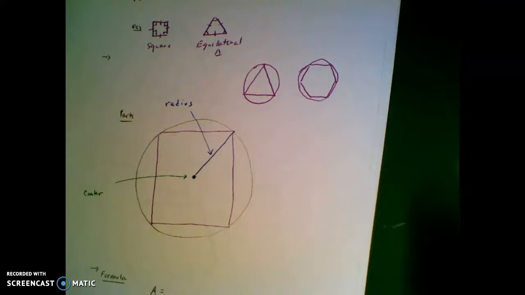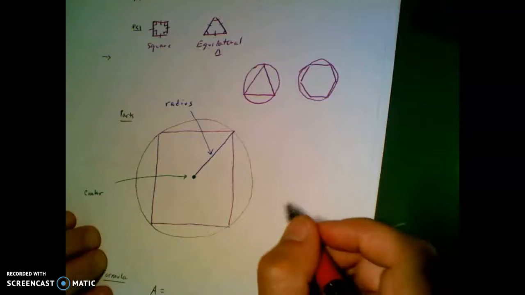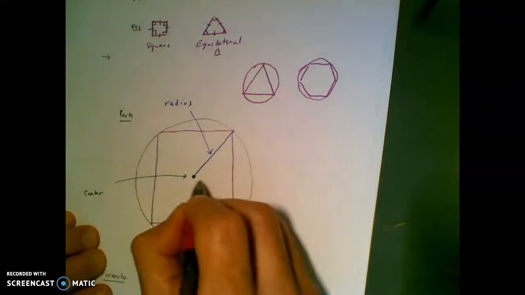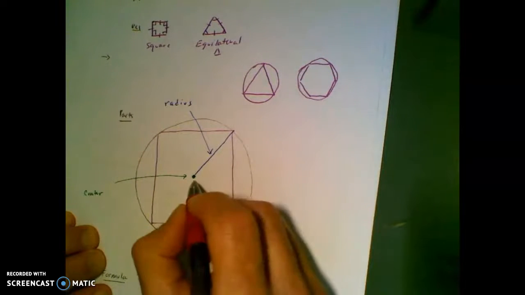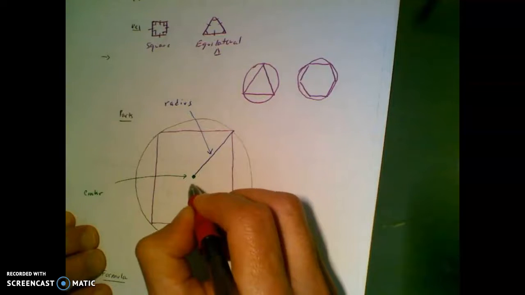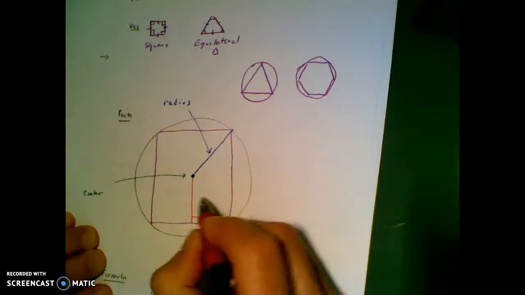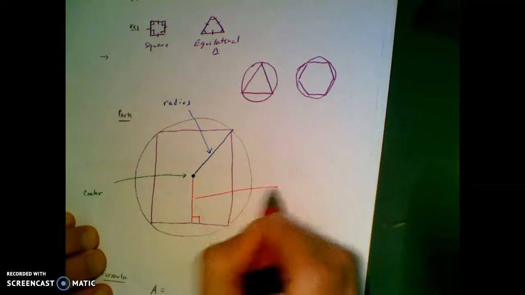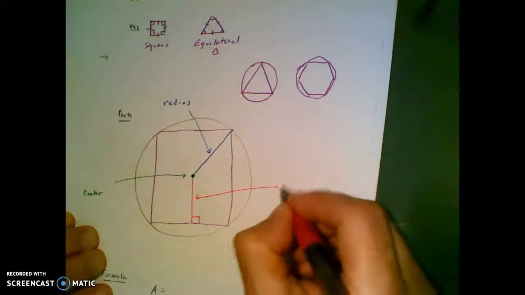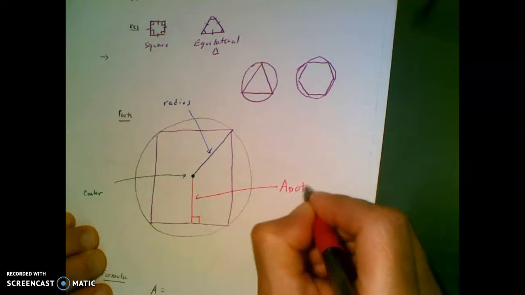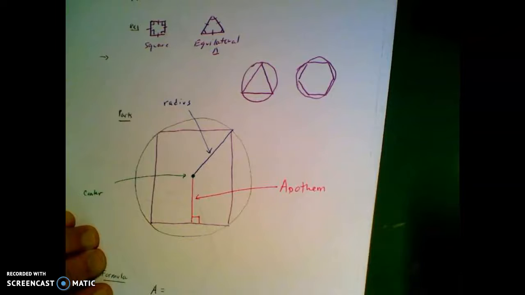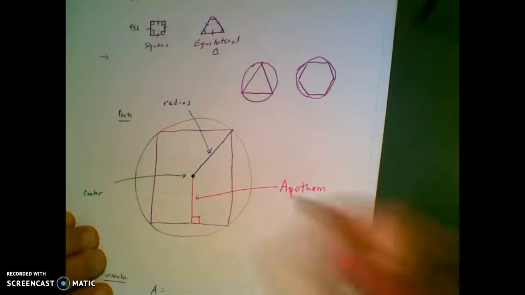And then a new part that you don't know yet, which we're going to use today, is this guy right here. So if you go from the center perpendicular to a side like this, that creates this new thing. This new thing is spelled like this. You've probably never heard of this before. But that is the word apothem.